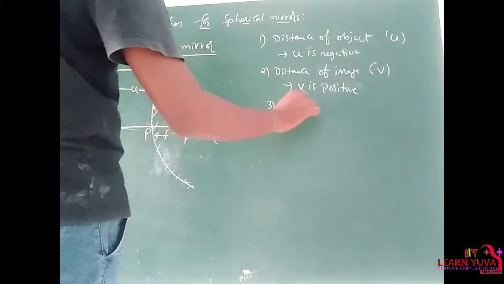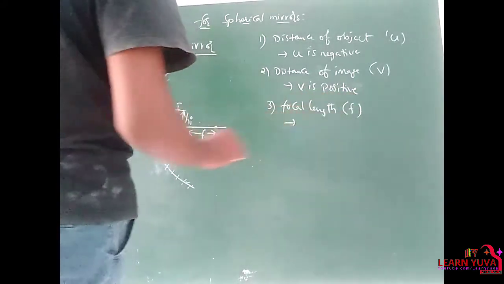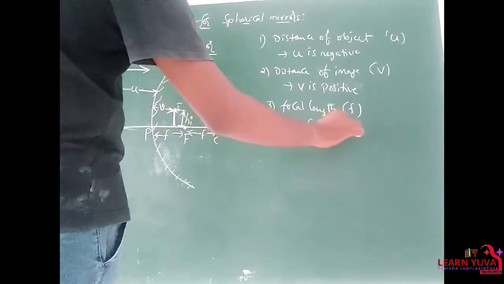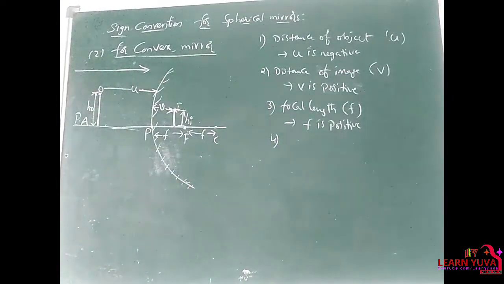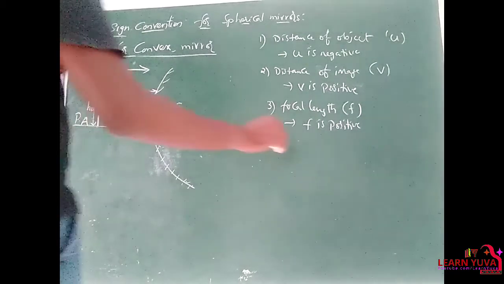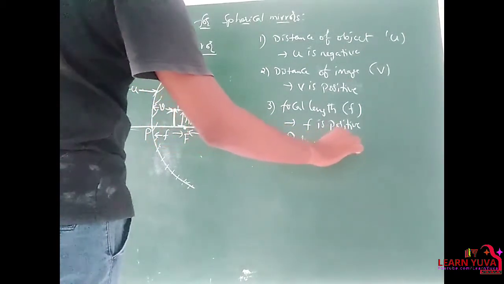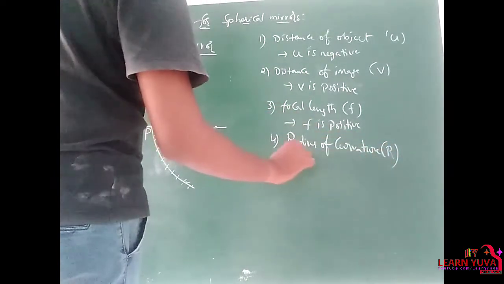Focal length f is positive. Next, radius of curvature R is positive.